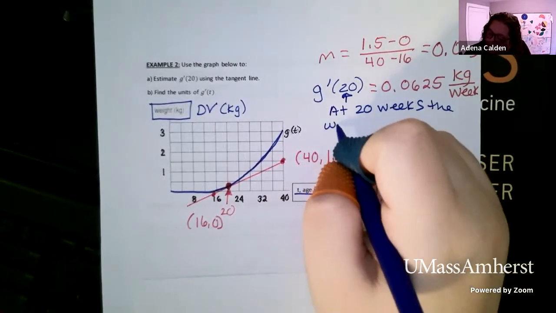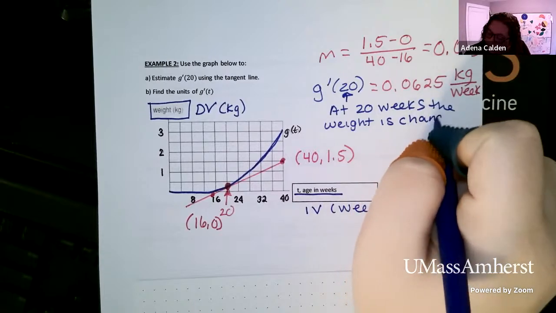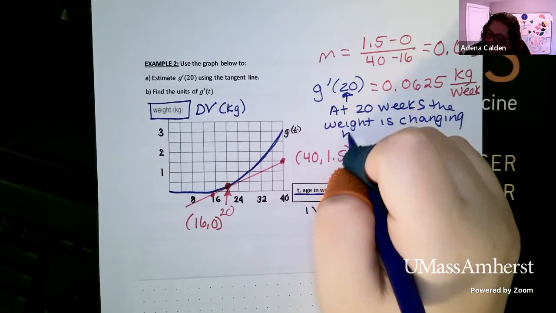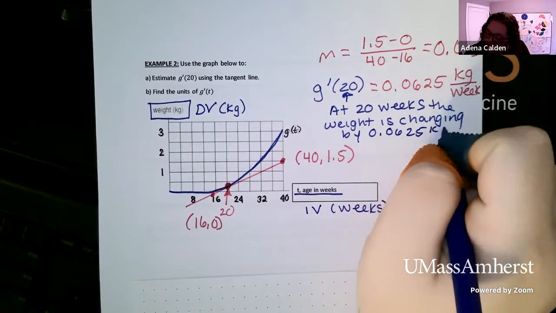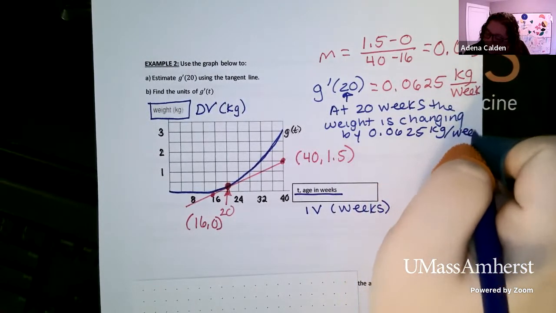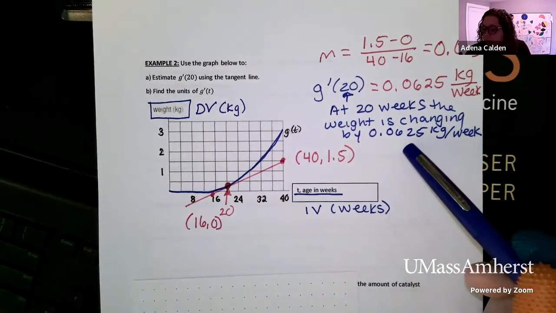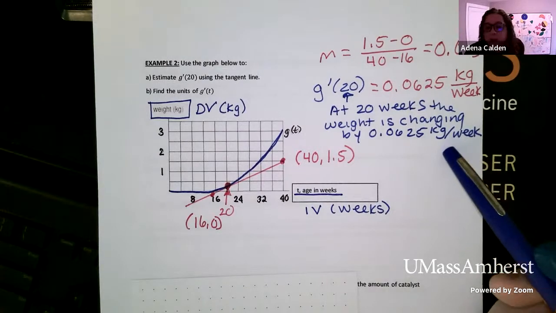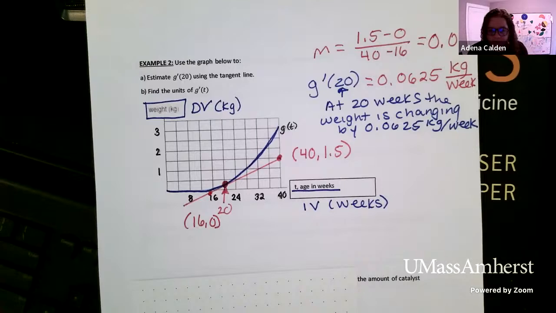The weight is changing by 0.0625 kilograms per week. So at that moment in time, we are expecting this baby to be gaining 0.0625 kilograms per week. That's the rate at which this weight is changing.